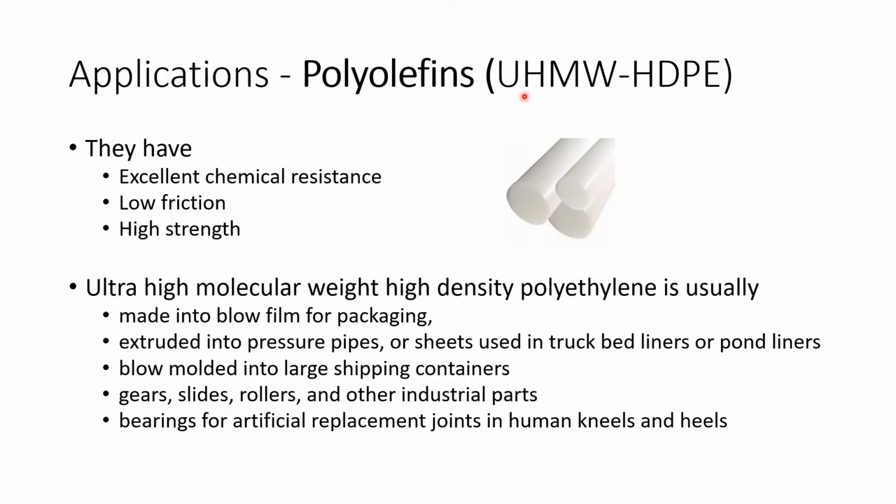Polyolefins, another one is called UHMW, HDPE. Their properties: they have excellent chemical resistance, low friction, and high strength. UHMW is your ultra high molecular weight, high density polyethylene.